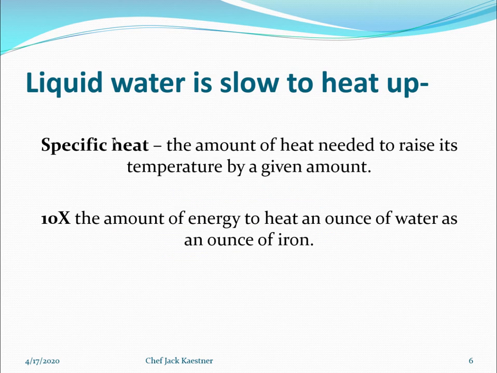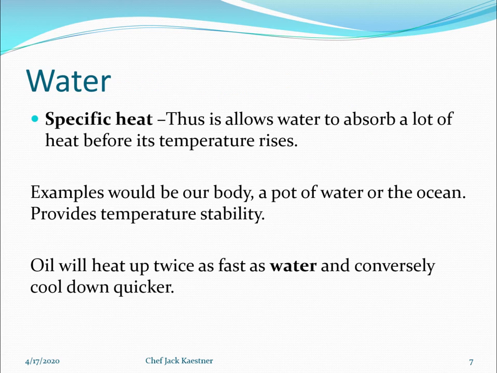Liquid water is slow to heat up. That is the amount of heat needed to raise its temperature by a given amount. Water in some ways is really good for that, because our bodies are made up of 60% water, so water really helps keep our body temperature constant. It takes 10 times the amount of energy to heat an ounce of water as an ounce of iron. Water absorbs a lot of heat before its temperature rises.